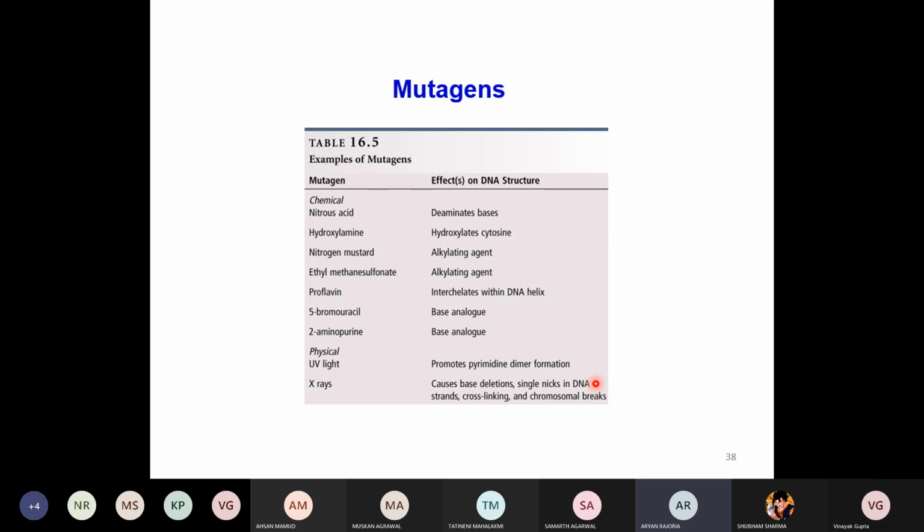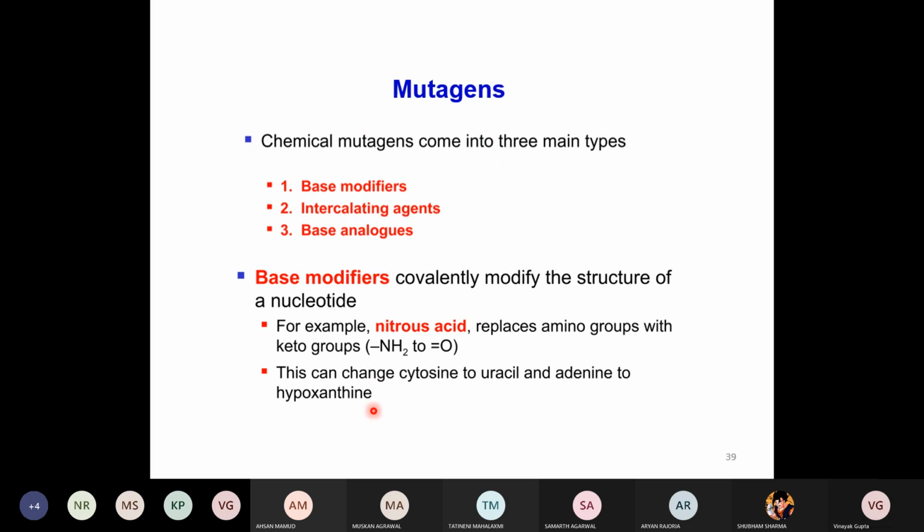The frame shift is going to happen when you have an intercalating agent like ETBR, proflavin, which can intercalate into the DNA. Here the effect is going to be different. In case of UV light or X-rays, we will see what they are going to do.